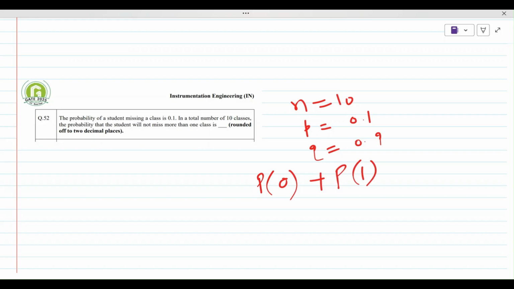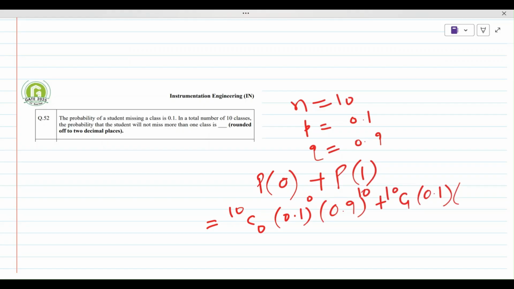So we are going to apply the binomial theorem. Here n is 10: 10C0 into 0.1 raised to power 0 into 0.9 raised to power 10, plus 10C1 into 0.1 and 0.9 raised to power 9.